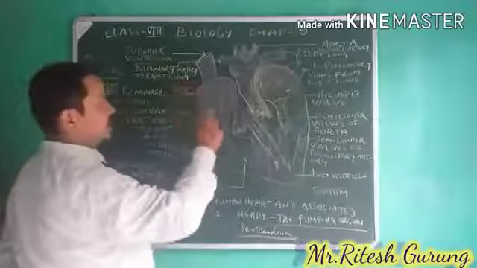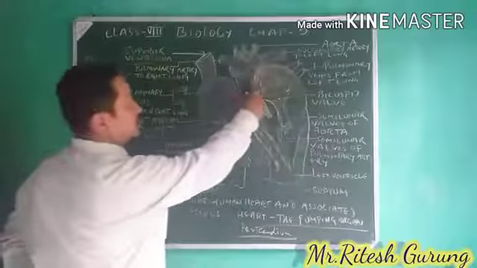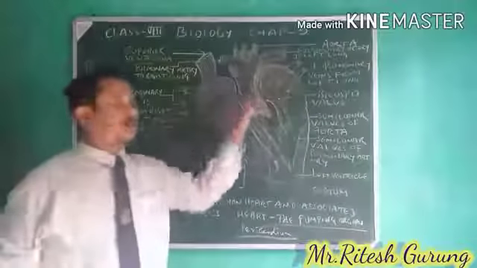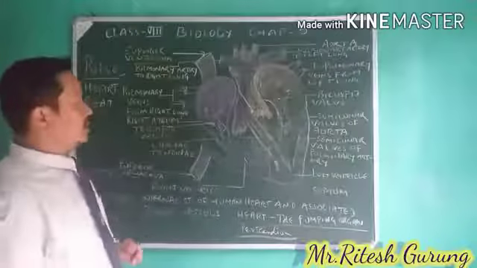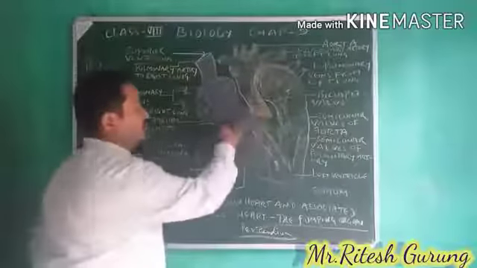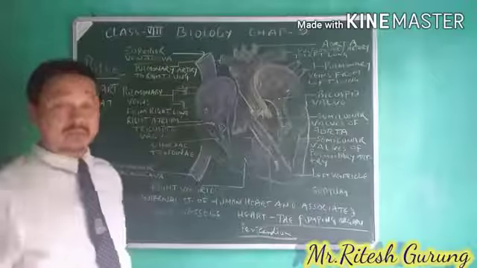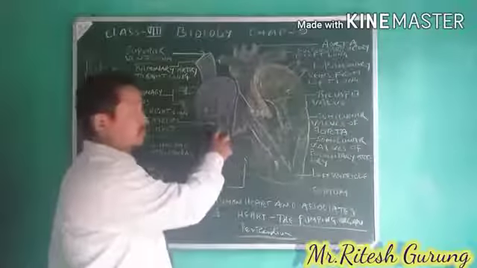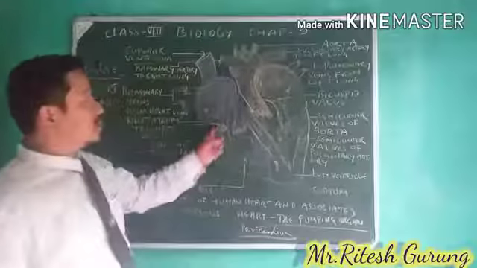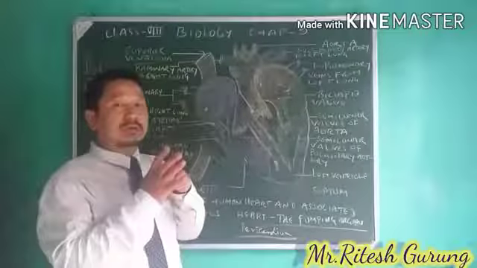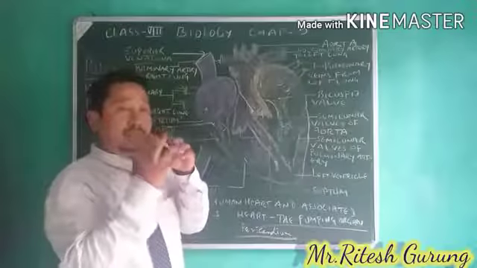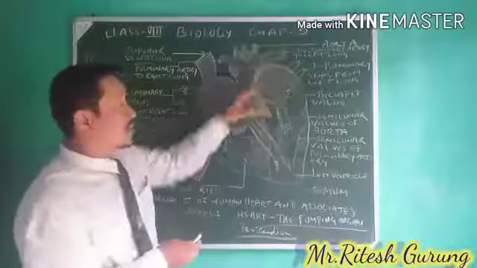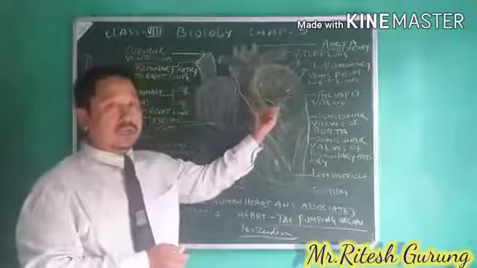When these auricles contract, these valves which you see here, the tricuspid valves and bicuspid valves, also called auricular ventricular valves, remain closed soon after the contraction. They remain closed. All right.